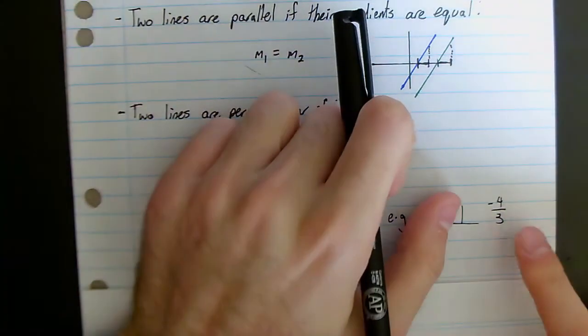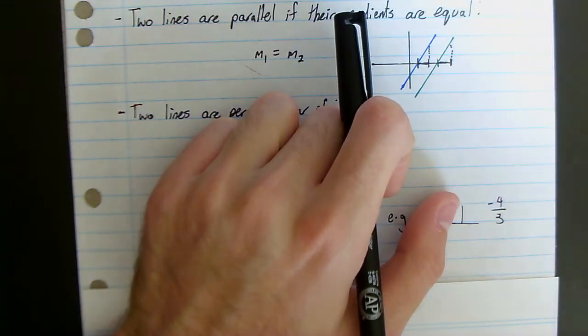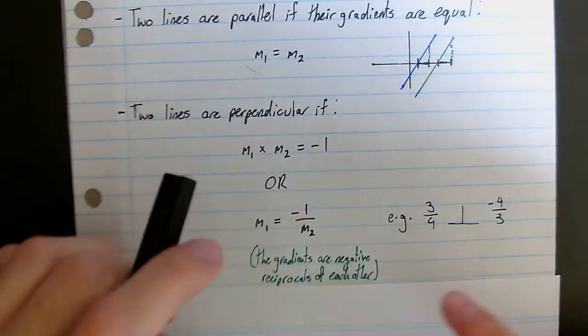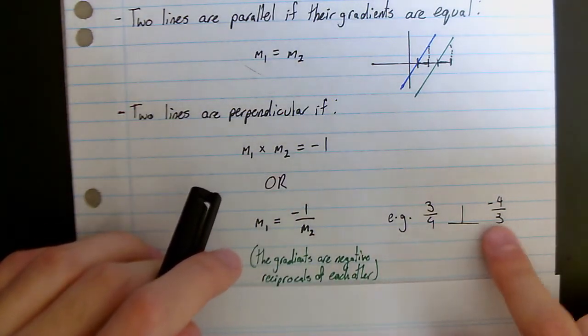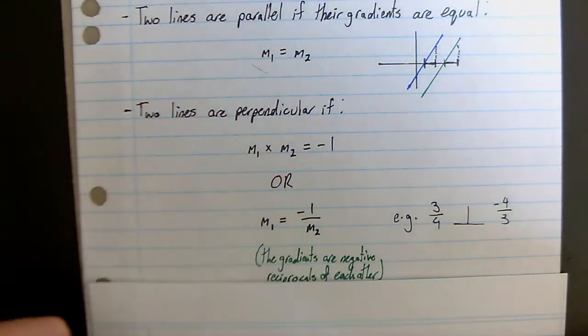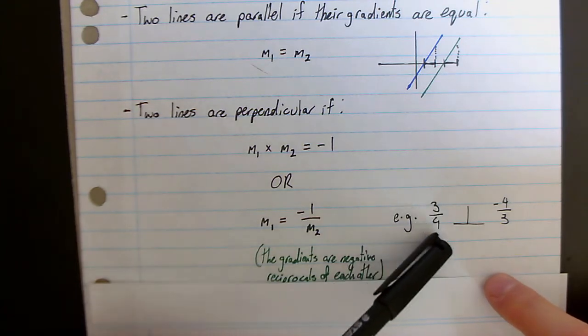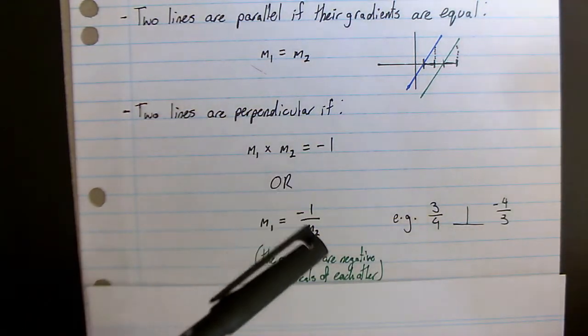And let's say we happen to start with -4/3, then we'd reciprocate it to -3/4, pop a negative out the front, and we get a double negative, so it becomes +3/4, okay? So these work in both ways. And if we multiply these two, then we're going to get -1. So if a line had gradient 3/4 and another line had gradient -4/3, they would be perpendicular lines.